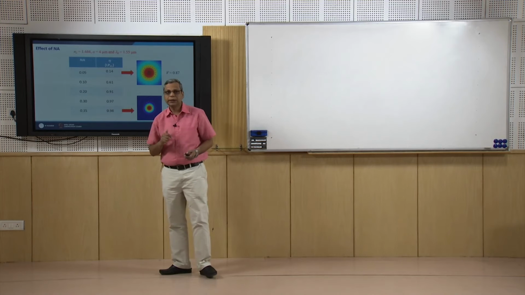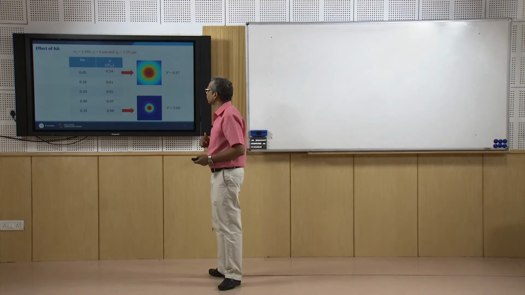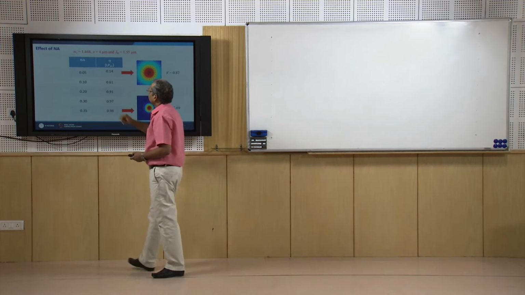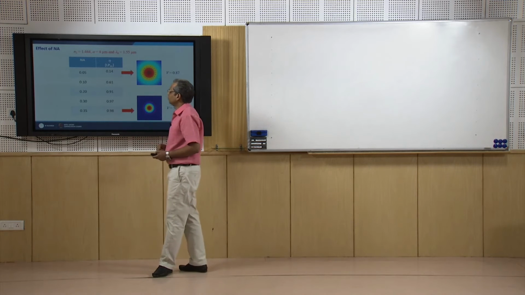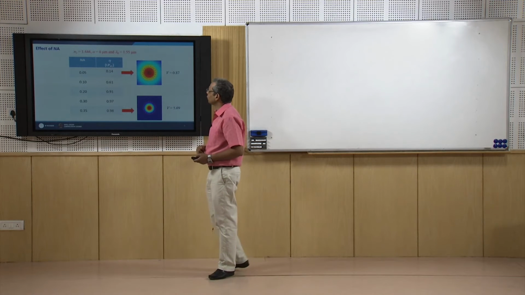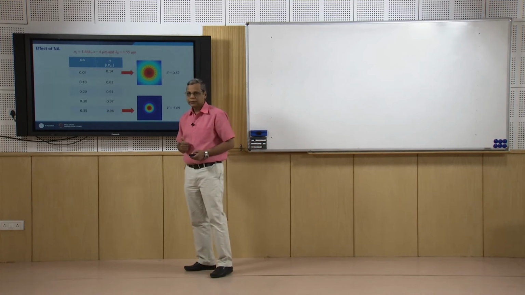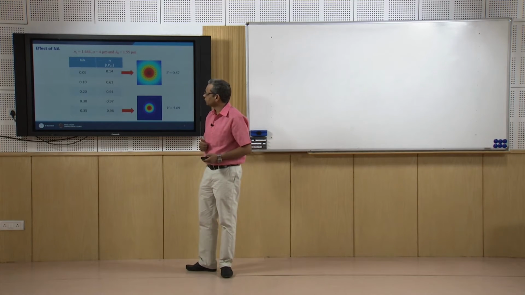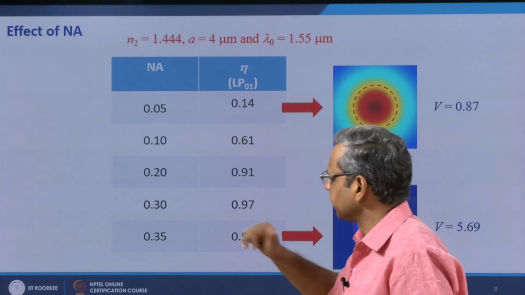What happens if I change the numerical aperture of the fiber? For that I take a fiber with cladding refractive index 1.444, core radius 4 micrometer, and I analyze it at 1.55 micrometer wavelength. Now I change the value of numerical aperture.